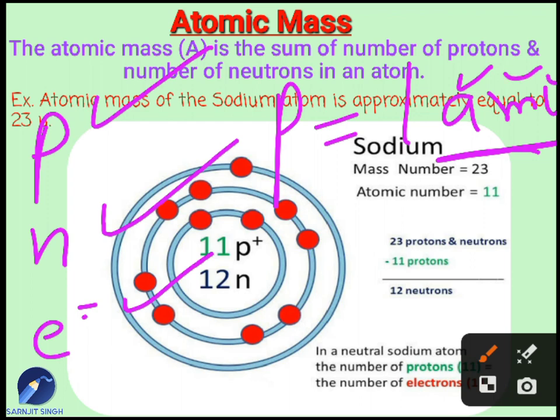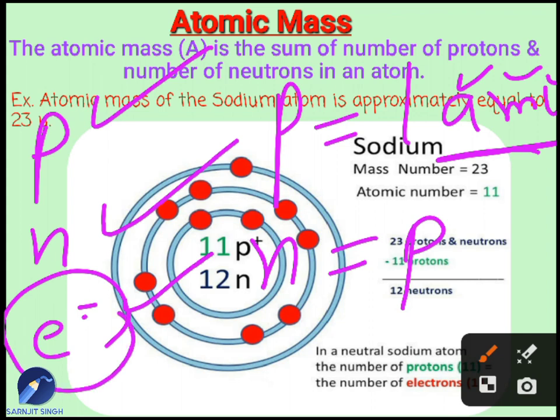The mass of a neutron is also equal to the mass of a proton, that means it is also 1 AMU. But the mass of an electron is very small compared to the mass of a proton and a neutron. So we can generally neglect the mass of electrons.